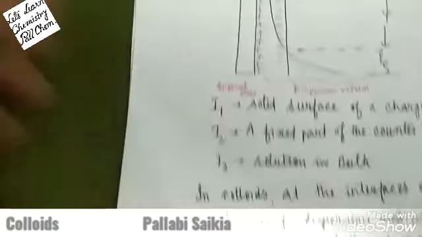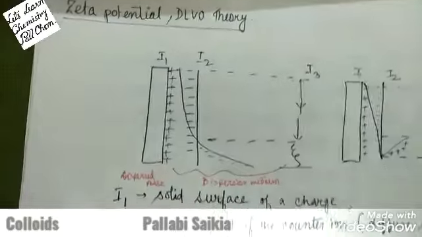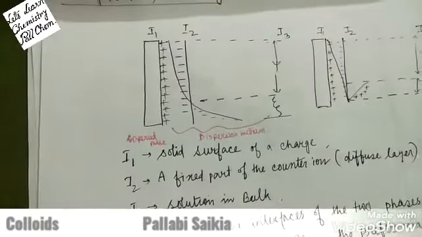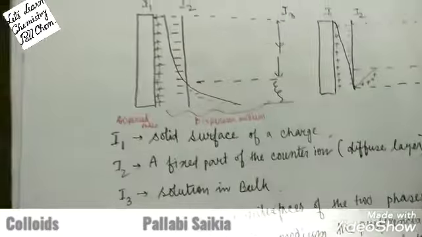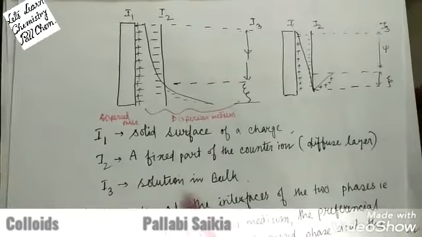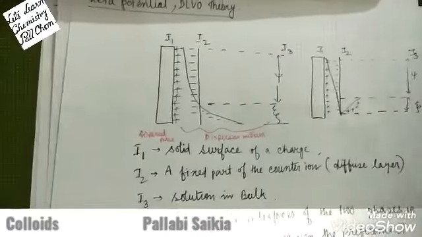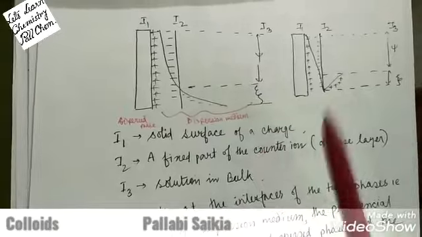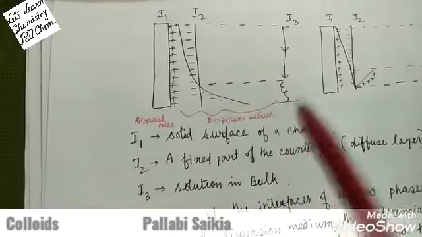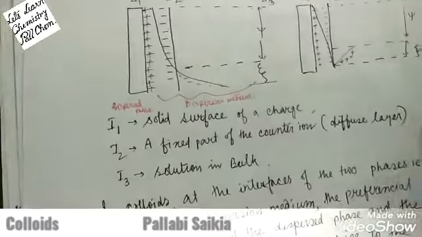Next is zeta potential or the DLVO theory. In colloids, at the interfaces of the two phases, one is the dispersed phase and one is the dispersion medium.